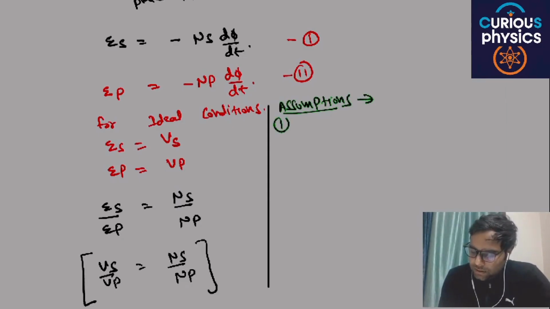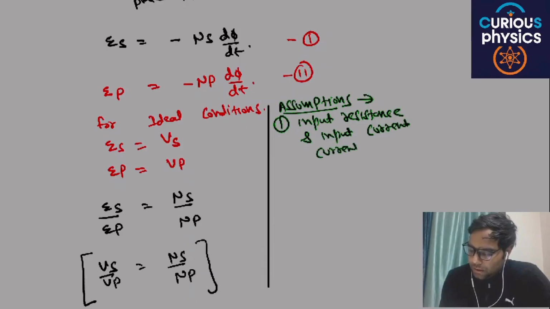The first is that input resistance and input current are small, same as for output current.